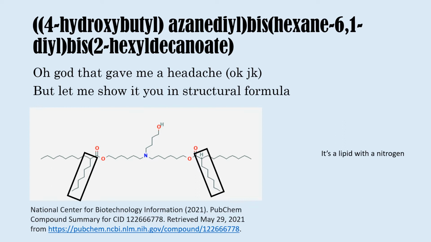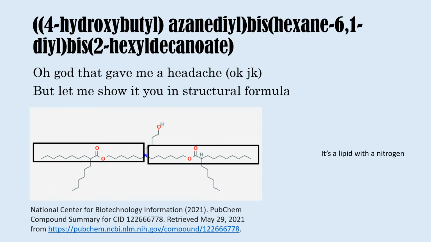That is the hexane, the carbon chain of 6 carbons. And you might be wondering what is the 6,1 diol thingy. Well, it is attached at 6, and the 1 just means they're both attached to the first position of the next part of it that I'll be showing you.